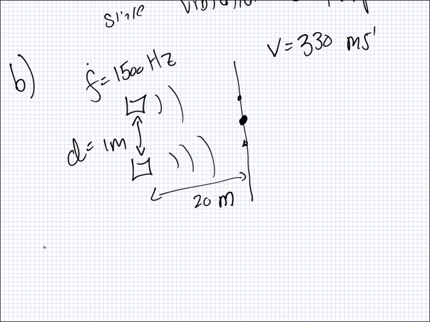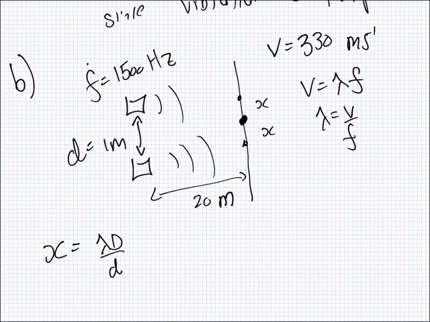Okay, so x equals lambda D over d. Isn't that our formula for the x here? I think so. We'll see if we get the right answer. v equals lambda f, so lambda equals v over f.